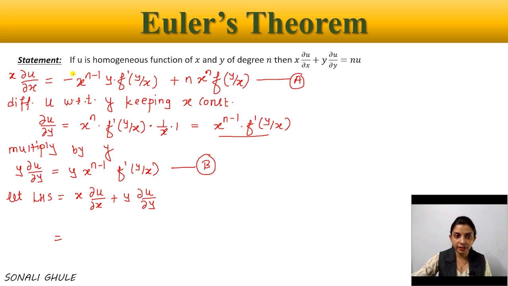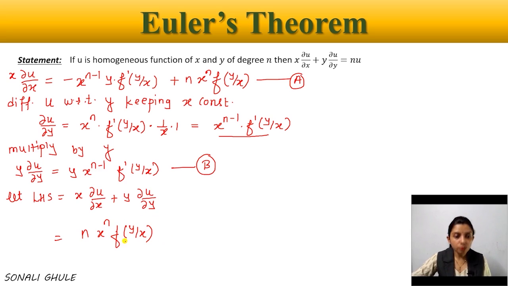This term is negative and this term is positive. So when I add them, they will cancel each other. So what is the remaining term here after doing addition on the right hand side? Only this term. Right. So n into x raised to n f of y upon x.